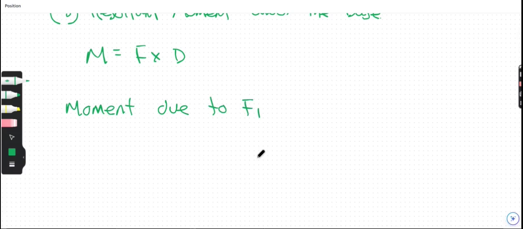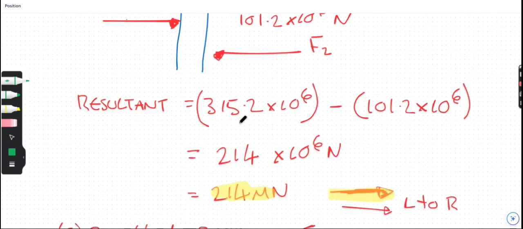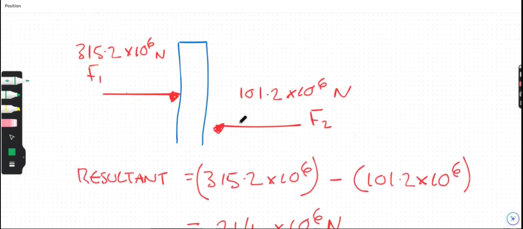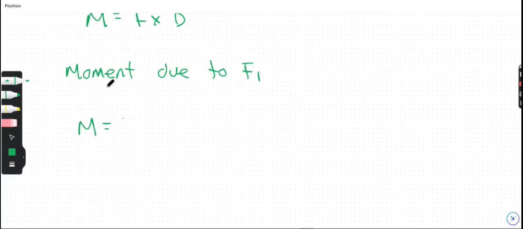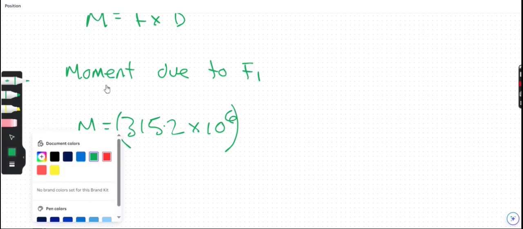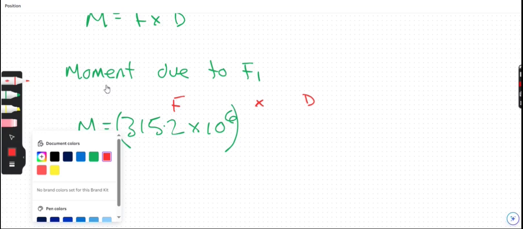So I know that moment is force times distance. So what's my F1? Well, what was my F1? 315.2. There, look, 315.2. So it's going to be 315.2. Don't forget the big number at the back. That's the force, because we're doing force times distance, right? Moment is force times a distance. So we've got to times it now by a distance.